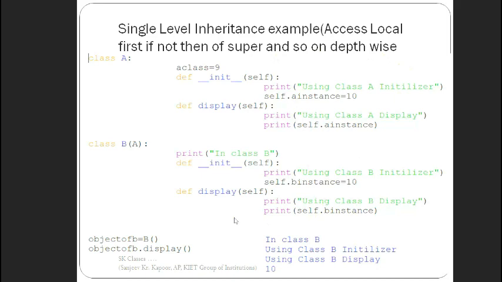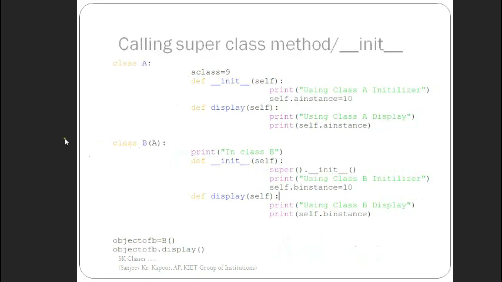Fine. Now if we still want to call a non-local function, then like in other programming languages, we have the super function, or super keyword you can say. When we want to call the functions of the super class, we use that. How do we use that?